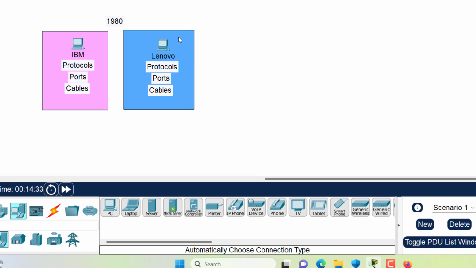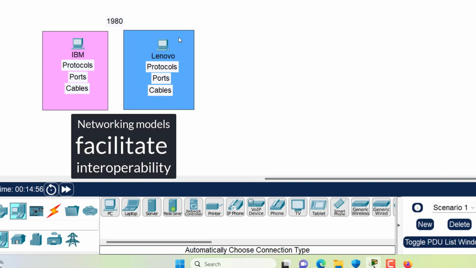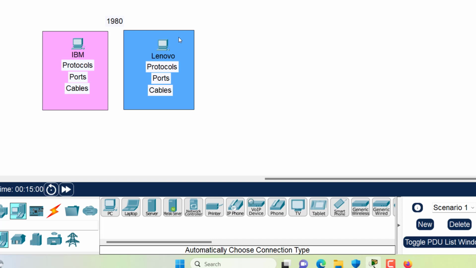When networking models came out, the main reason was to remove this type of dependency on proprietary solutions and create a common platform for all of these companies to be able to create equipment that is interoperable and can talk to each other without any problem.